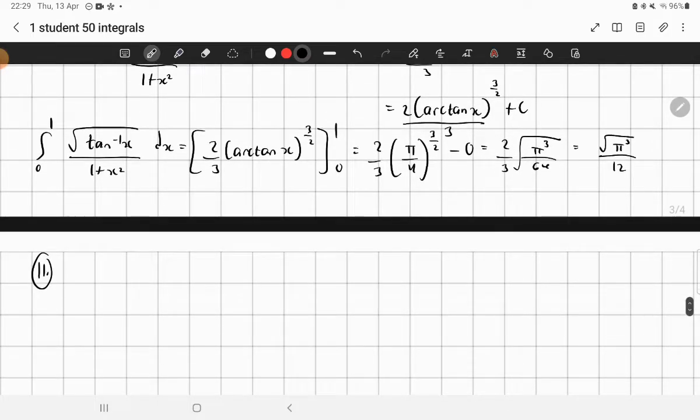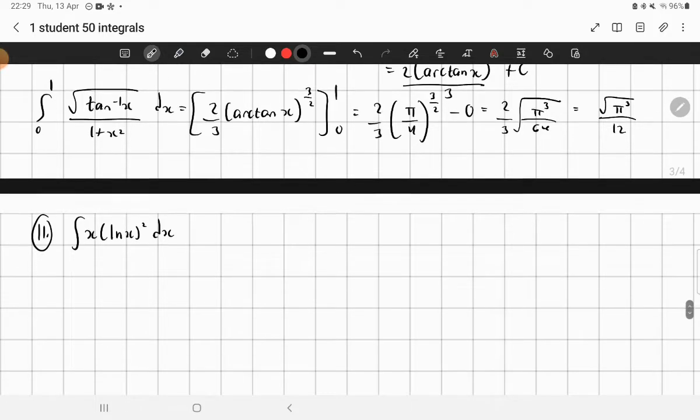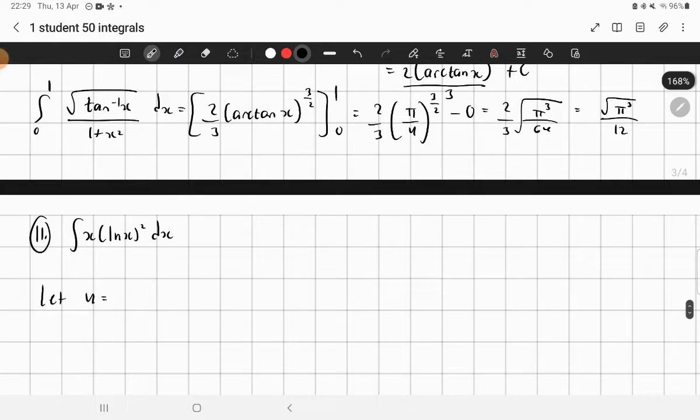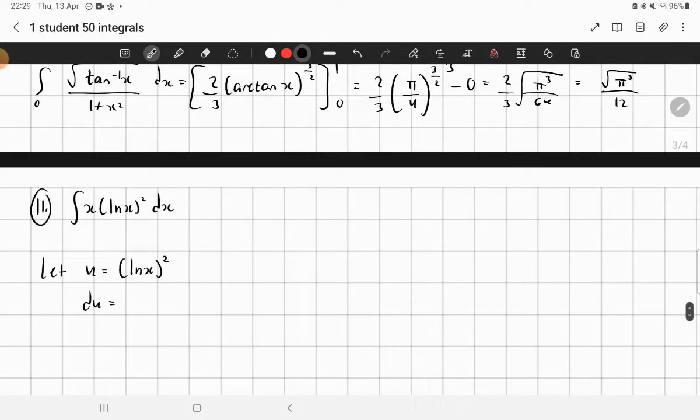Question 11 gives us the integral of x times ln of x to the power 2 dx. So this is very nice using IBP. So let u be equal to ln of x squared. So we know that the first derivative will be 2 ln x over x.